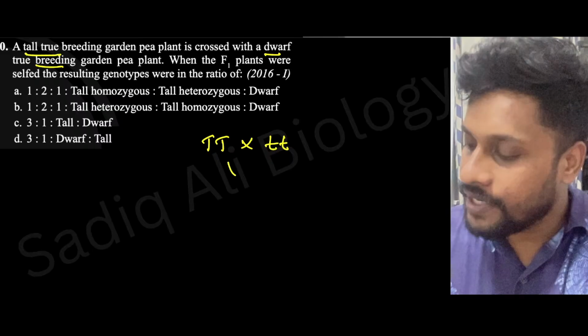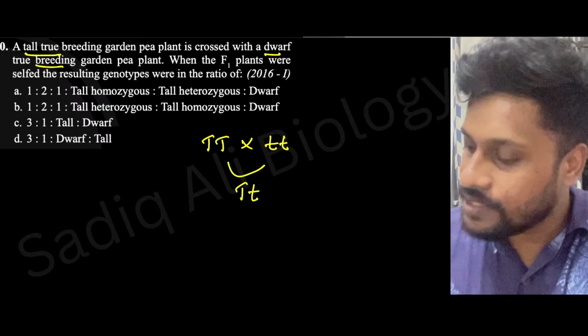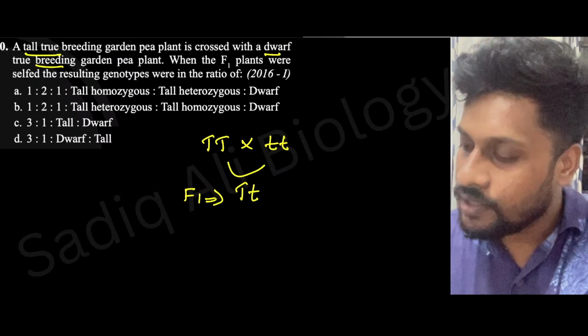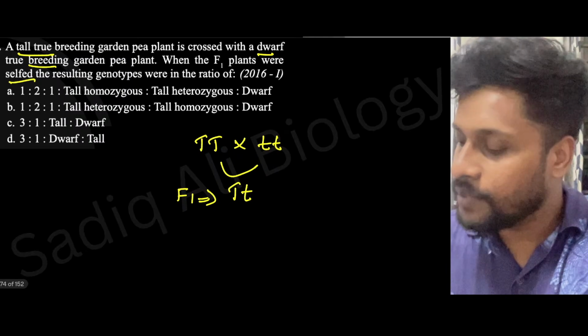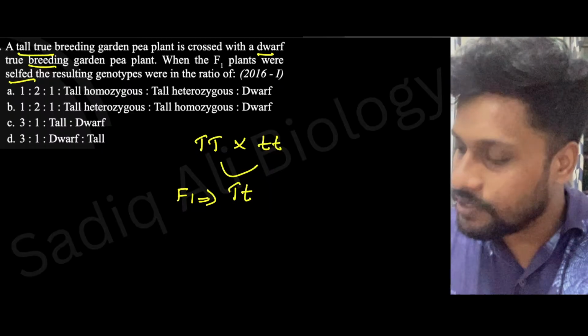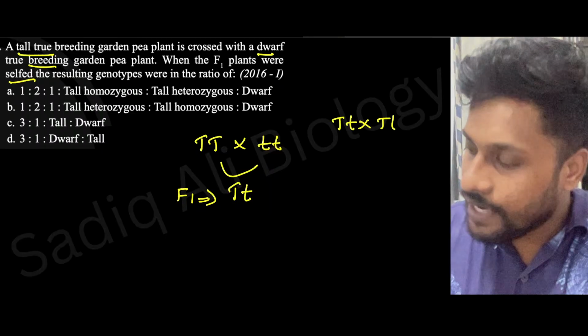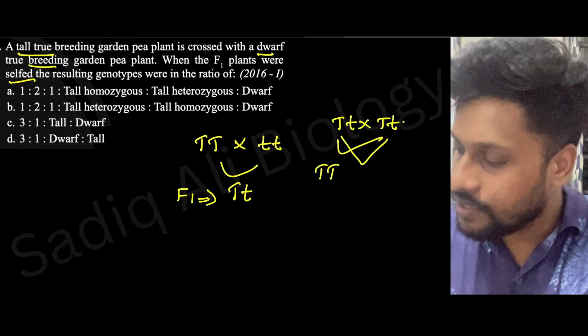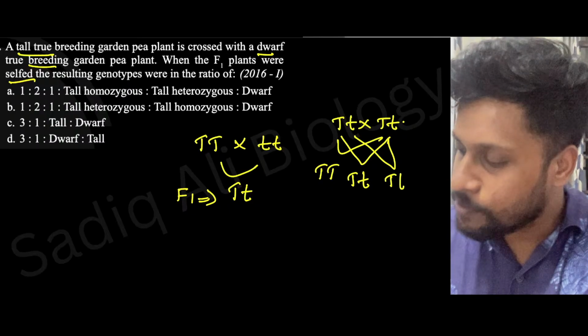And what we will be getting in F1 is capital T small t. This will be the F1. Now they are saying they are selfed. Selfed means capital T small t with capital T small t. What we will be getting? Capital T capital T, capital T small t, capital T small t, small t small t.